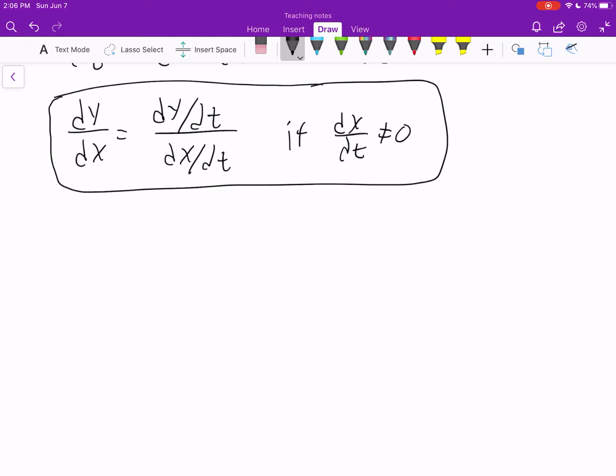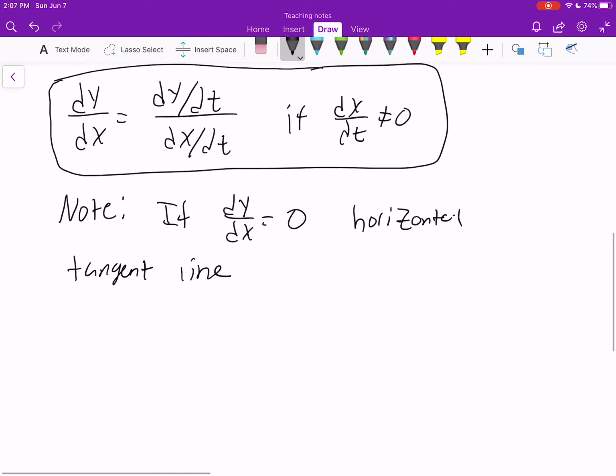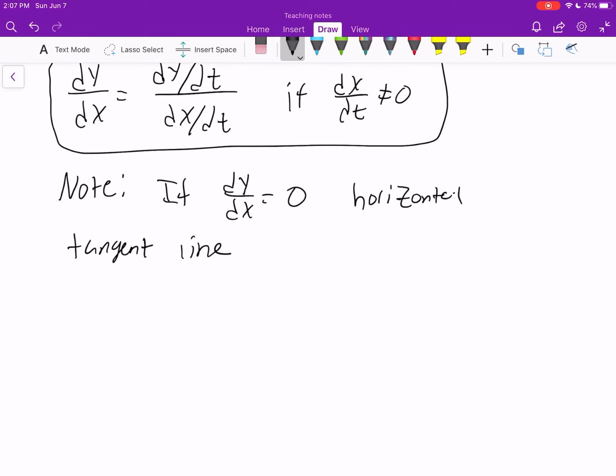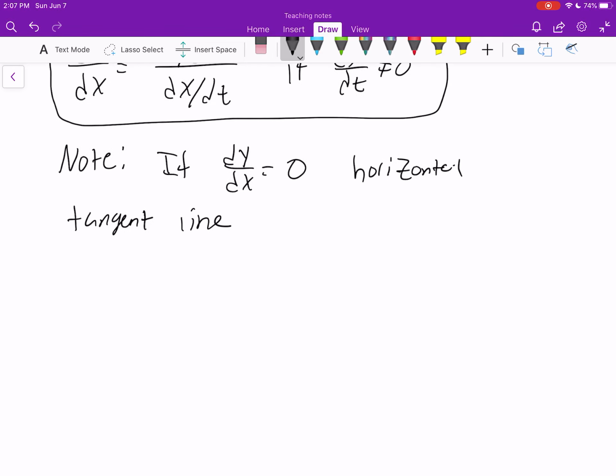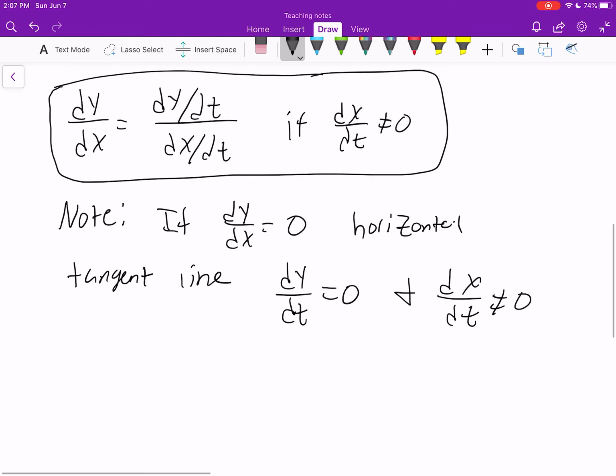And so let's just take a moment and note a couple things. If dy/dx is equal to 0, just like last semester, we have a horizontal tangent line. So that'll happen when dy/dt is equal to 0 and dx/dt is not equal to 0, if you look at this equation here.